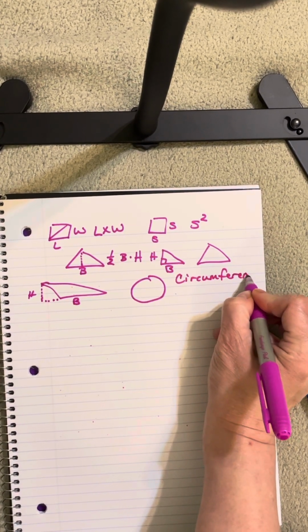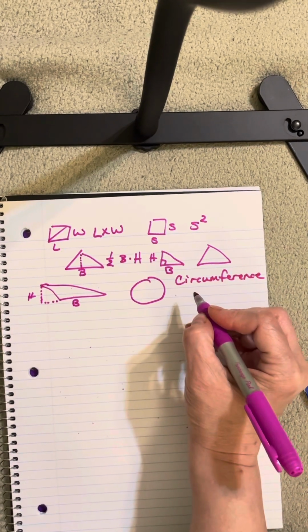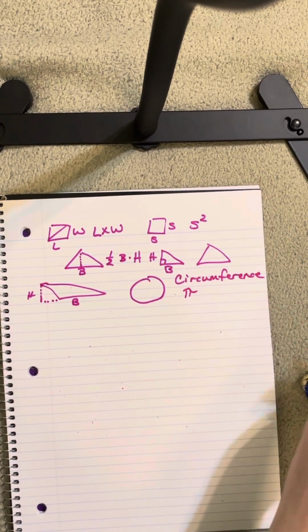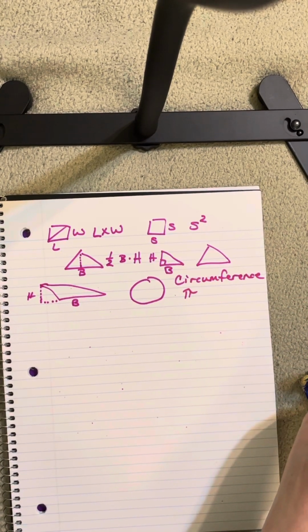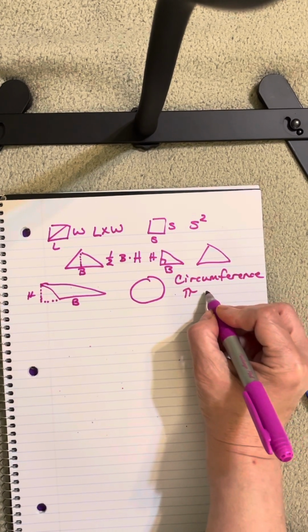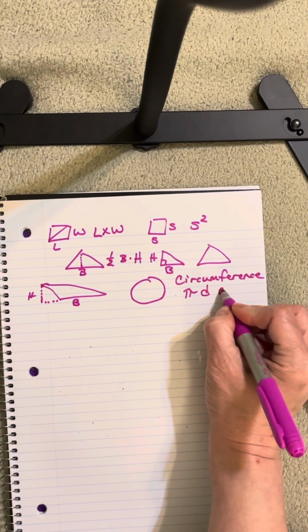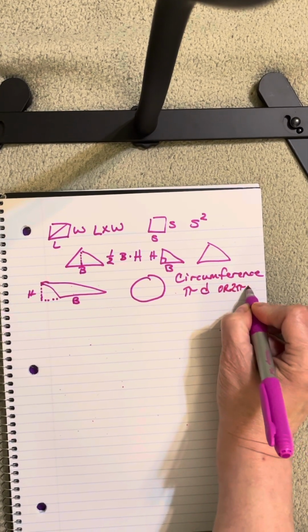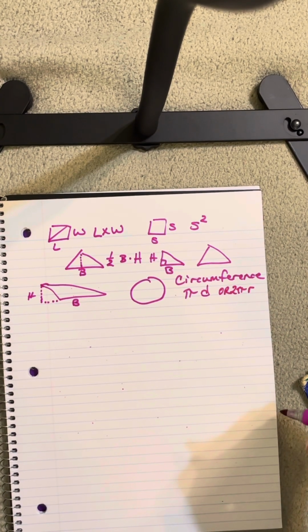And how do we find the circumference? Well, every circle formula deals with pi, which is 3.14, and that's its special symbol. So pi times diameter, or it can be 2 pi r, because the coefficient, the number, should come first.